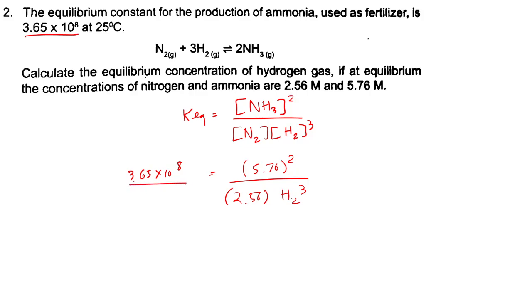Then we can cross multiply. I'm going to multiply this one first. So 3.65 times 10 to the power of 8 times 2.56 times H2 cubed equals 1 times 5.76 squared.